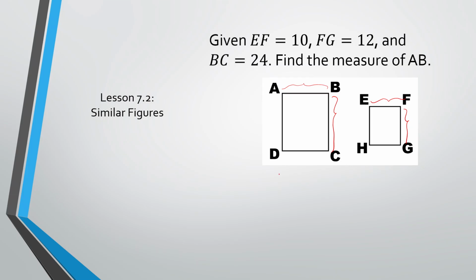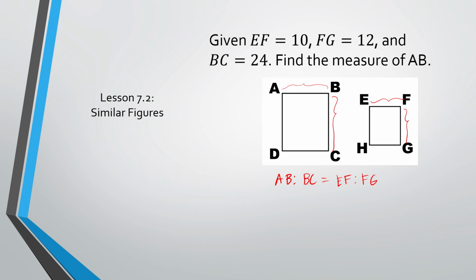So therefore, AB is to BC. Even if you interchange, it's okay. But remember, you have to consider their corresponding sides. The corresponding side of AB should be EF. And the corresponding side of BC is FG.